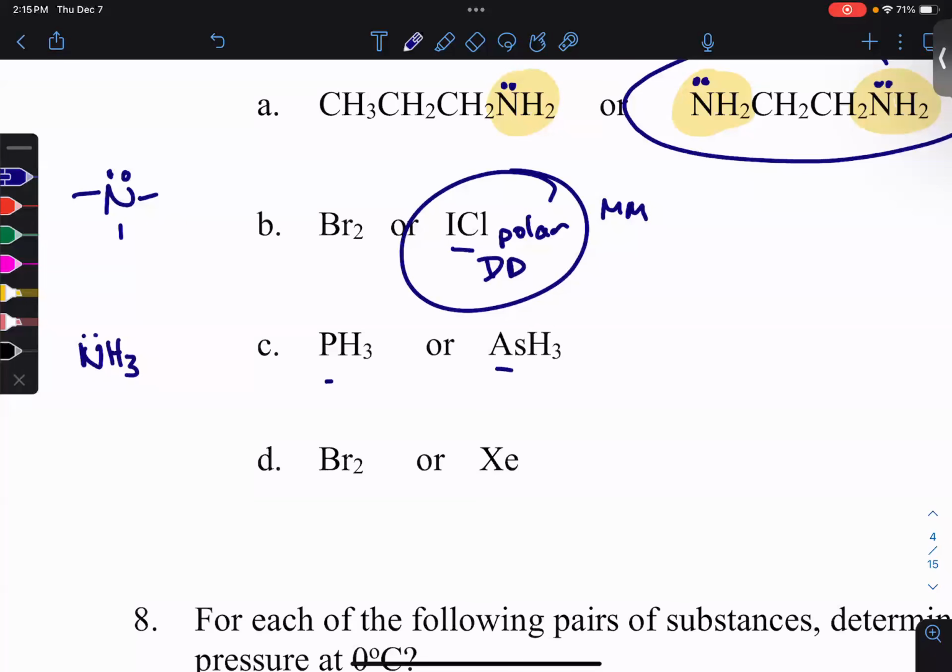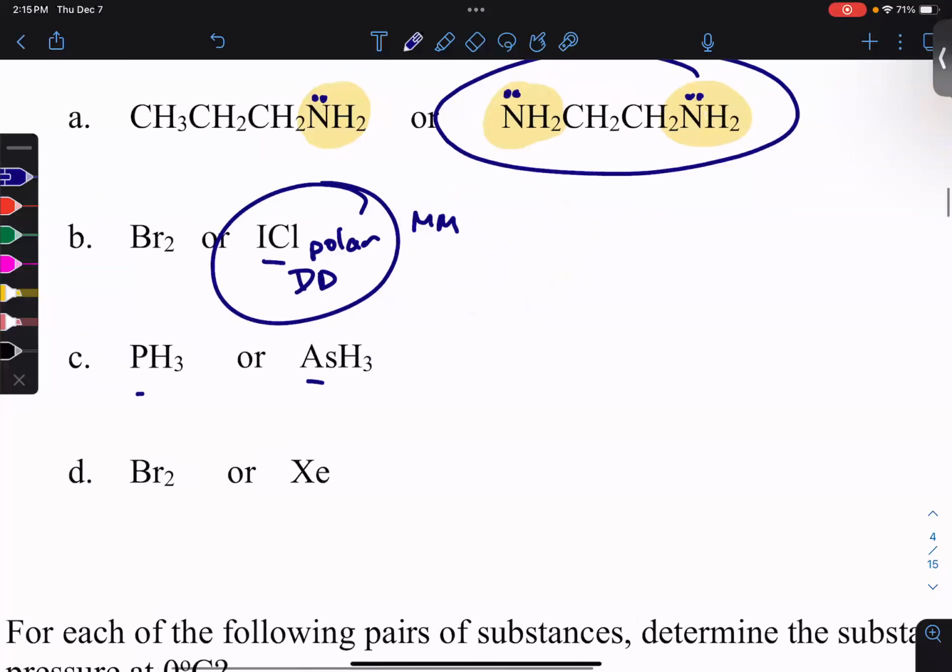PH3 and AsH3 are going to look the exact same because phosphorus and arsenic have the same number of valence electrons. So you'll go through the same 6 steps for Lewis structures there. That's the phosphorus compound, and then here is the arsenic compound. Both of them are in group 5, so they both look like that.